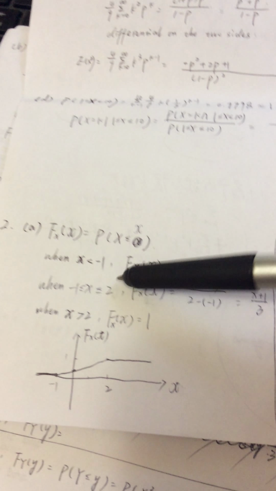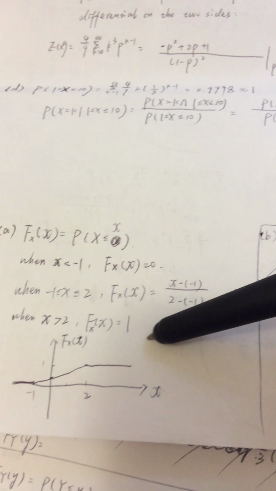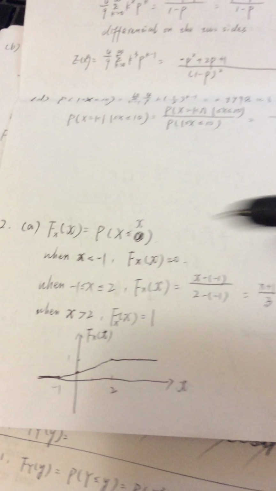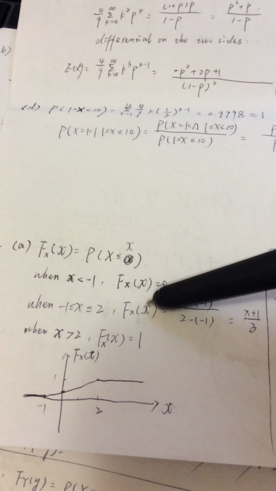When x is greater than 2, F_X(x) is 1. And the diagram is drawn like this, according to our analysis above.